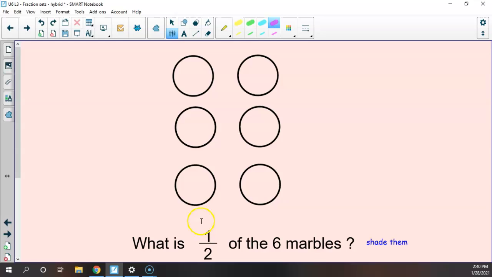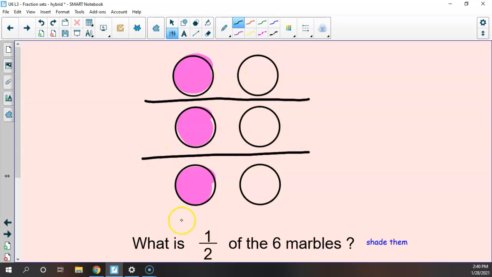So I'm going to go ahead and think of this as one section of 2, another section of 2, and another section of 2. So if I shade in 1 of every section of 2, so that's 1 of that second section, and here is 1 out of this section of 2, and I can show that a little bit better by saying I can split it up like this.